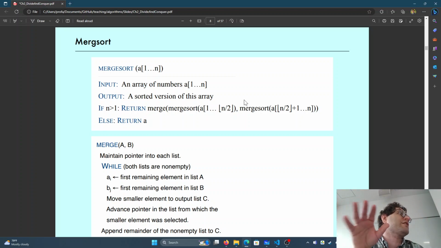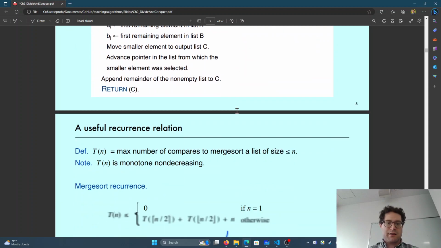There are two operations that go into sorting algorithms: comparing two items to see if they're in order, and then swapping them. That's not always true, though, as some of the homework exercises in this textbook point out. There are sorting algorithms that work without comparing things, like radix sort. So just keep that in mind.